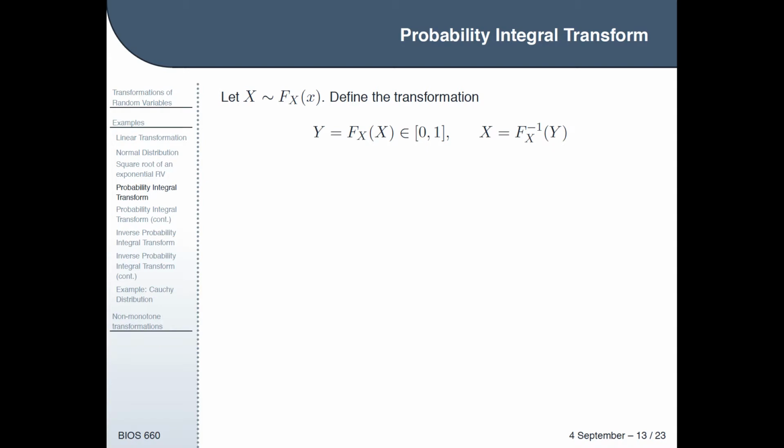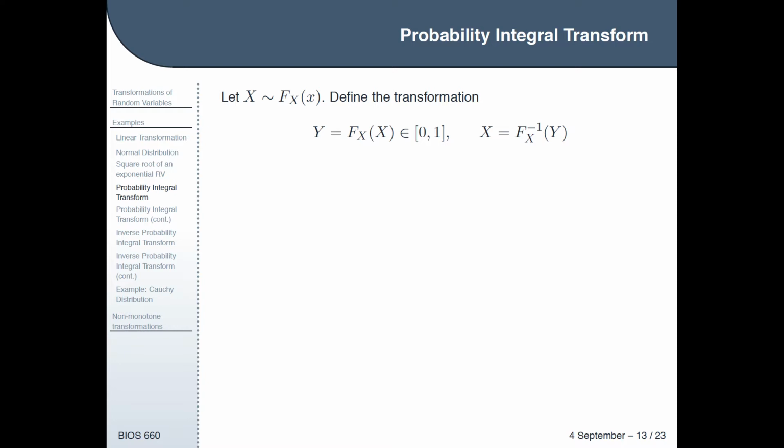But one case of transformation of random variables that actually is quite useful in practice is what's known as the probability integral transformation. Let's say that x is some random variable and it has some cumulative distribution function, which we call f.